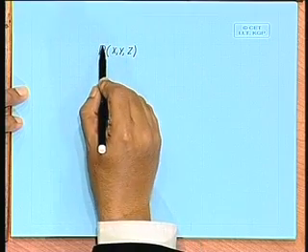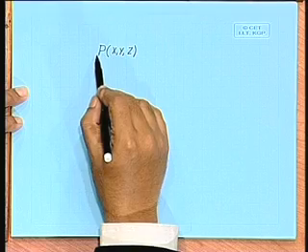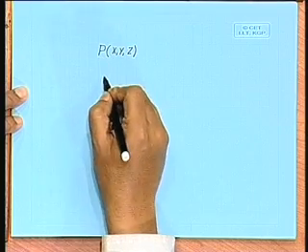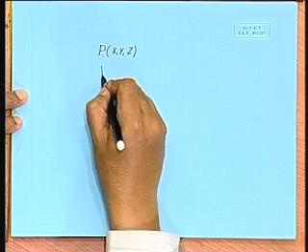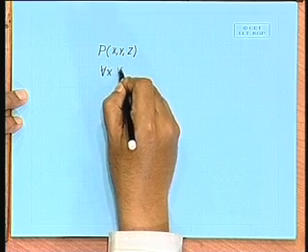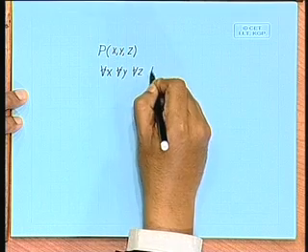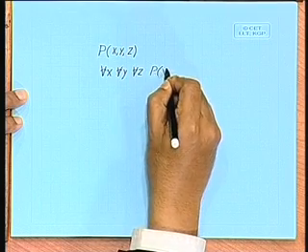Now, there is no truth value that we associate with this predicate as such, but we can always say that for all x, for all y, for all z, I have p x y z.